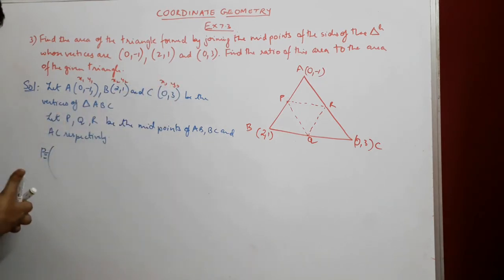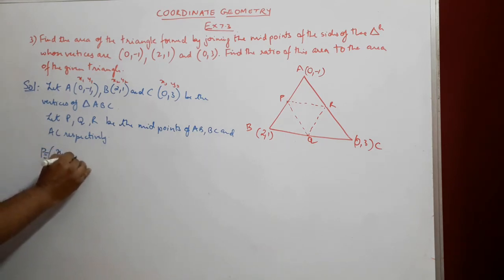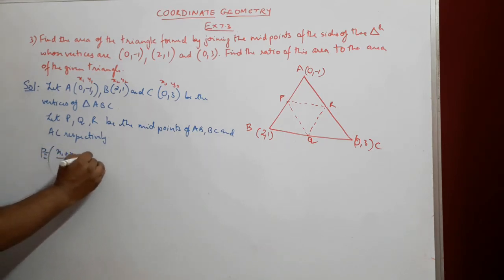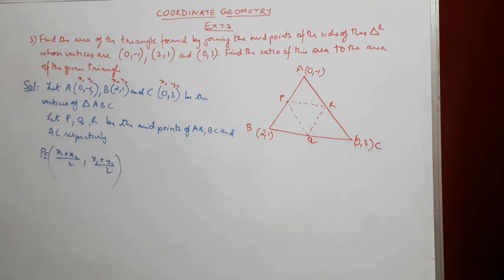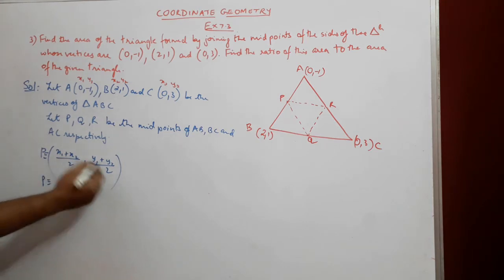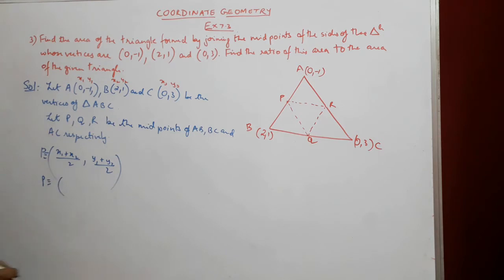So then write down the formula: x1 plus x2 upon 2, and this will be y1 plus y2 upon 2. Continuing with P, this is how we mark with three lines to show that it corresponds to those particular coordinates.